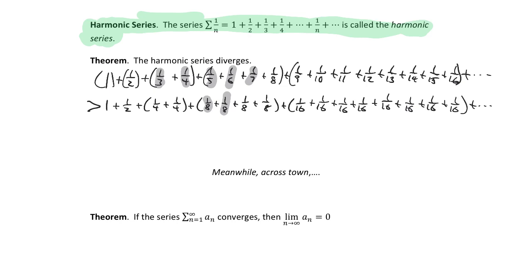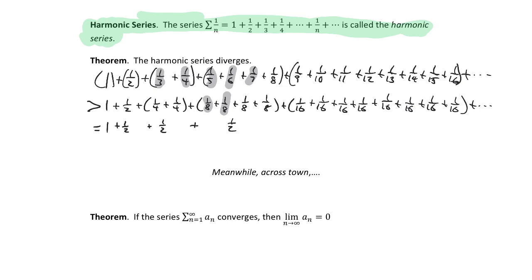Okay, so let's keep going. This second line here is going to be equal to 1 plus 1/2. Now let's start doing some work. Here I have 1/4 plus 1/4. Well, that would be 2/4. Oh, that's 1/2. And then 1/8 plus 1/8 plus 1/8 plus 1/8 is 4/8, which is 1/2. Interesting.